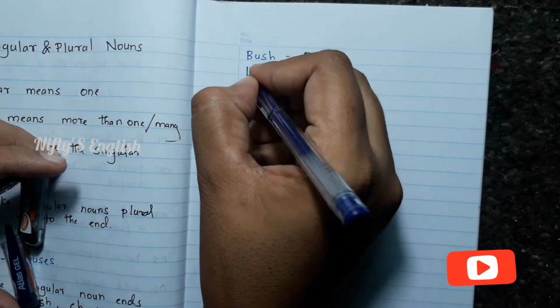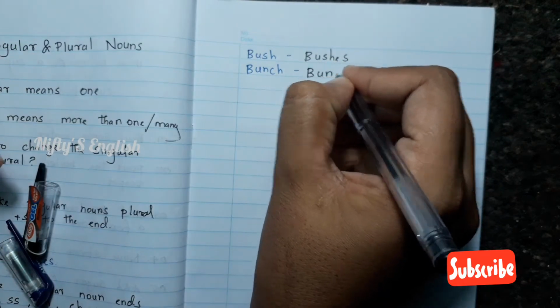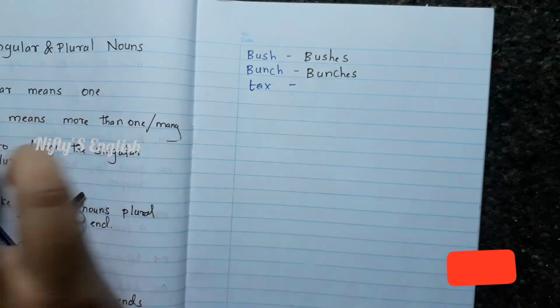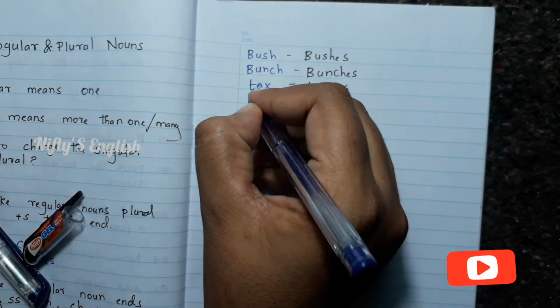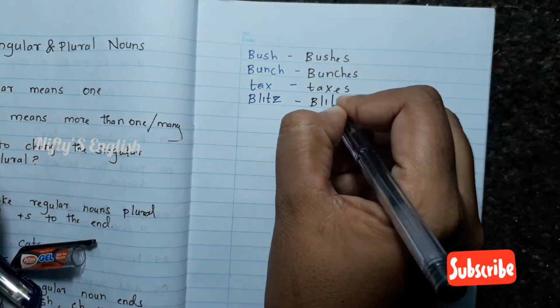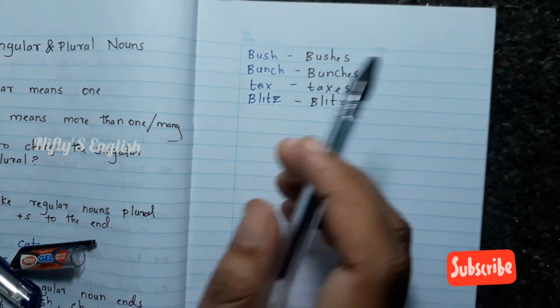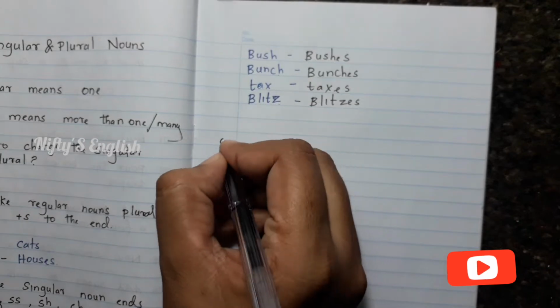Third one is bush, bushes. The fourth one is bunch, bunches. Next, Texas. Last one is quiz, because the ending letter is z, x, ch, like that.